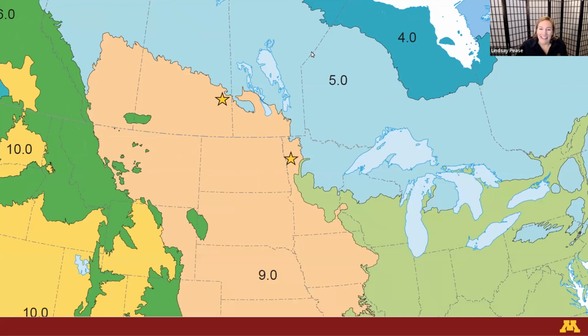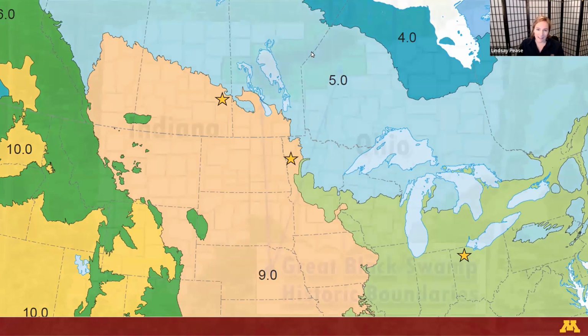I'm located down here, so we're just on the edge of that 5.0. We're all in the Northern Great Plains. But where I originally came from is down here in this green area. So I dealt with quite different environments in Ohio as opposed to what you and I are dealing with today in the Northern Great Plains.